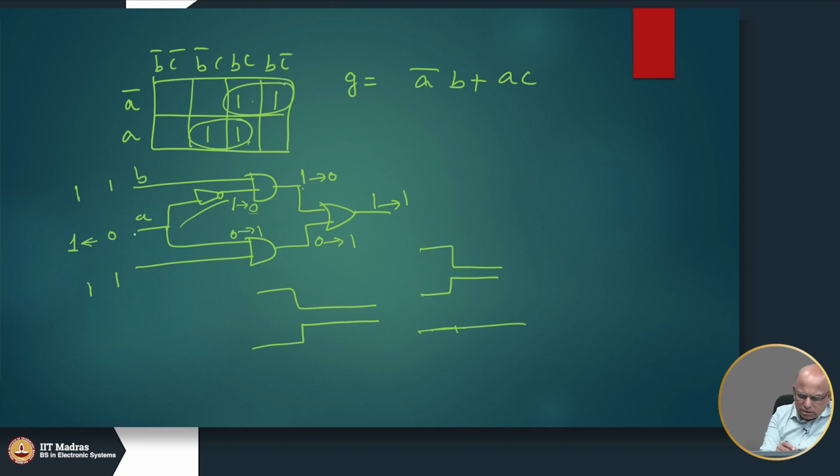See, everything has a delay. The interconnects have delays, the gates have delays, right. So, it is really difficult to control that these two changes happen at the same time. We are expecting the OR gate inputs to go from 1 to 0 and 0 to 1 at the same time. Okay.